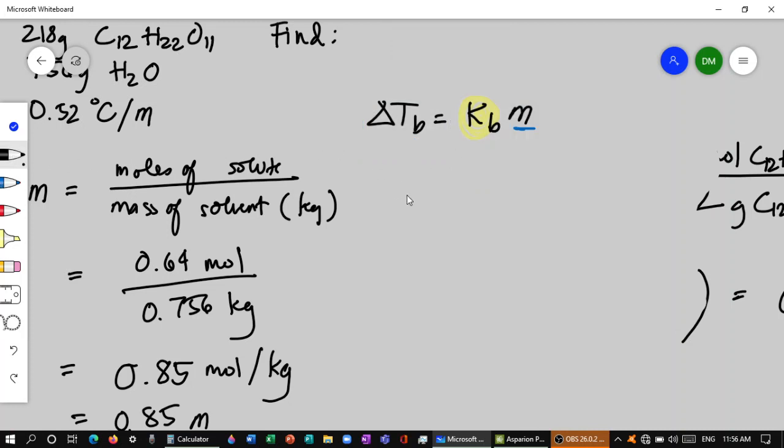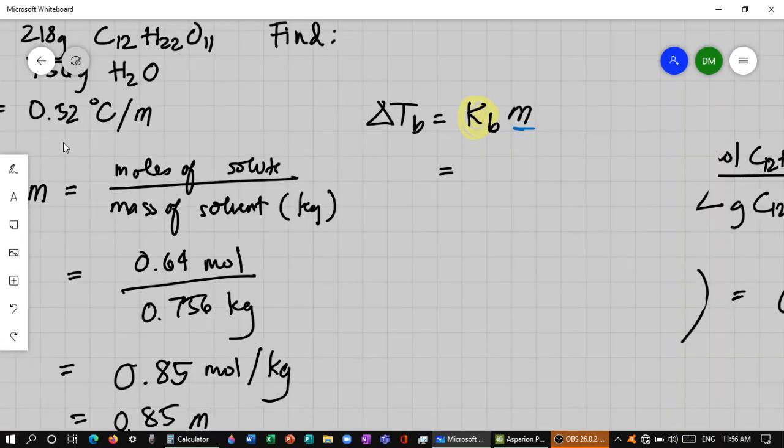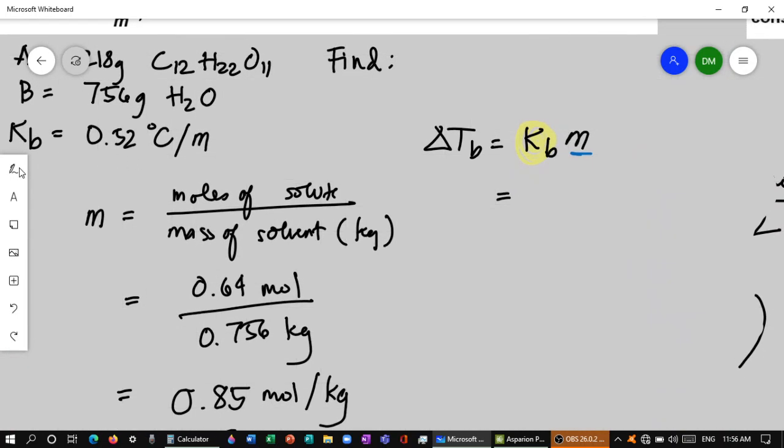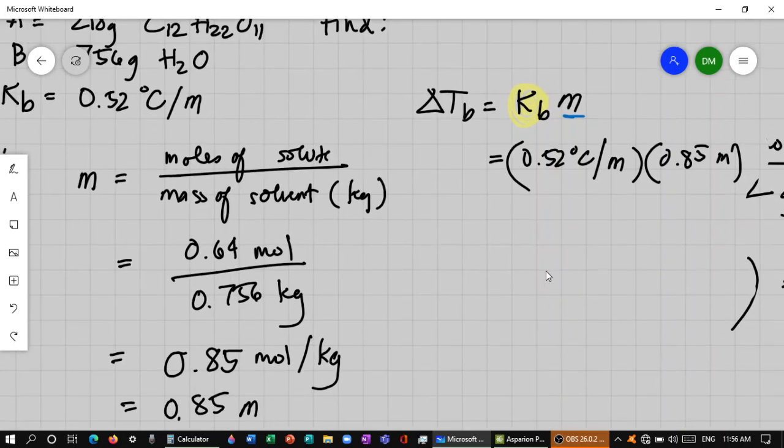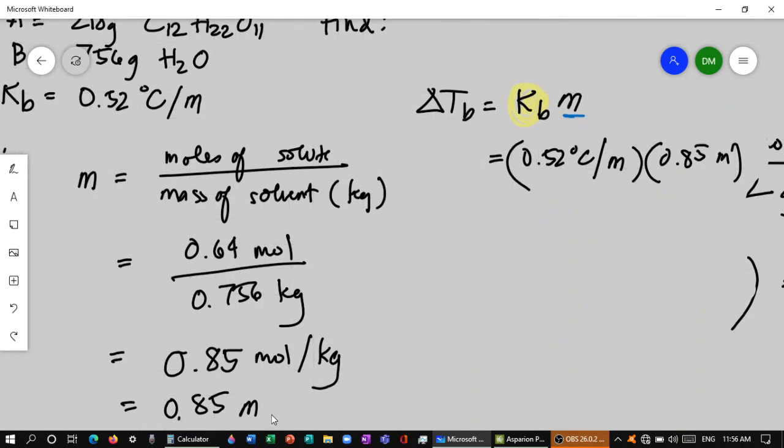Here it's equal to the constant. Again, the constant is given on the problem. It's equal to 0.52 degrees Celsius per molal. Multiply this with the molality of the solution, which is equal to 0.85 molal. Again, that's small m.